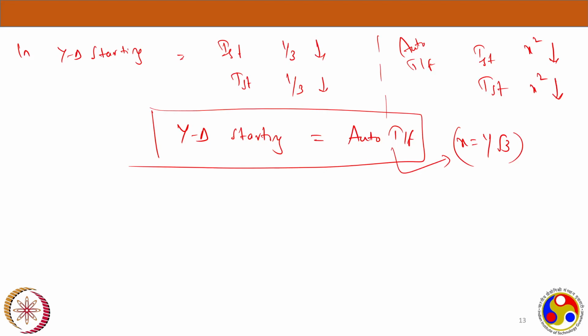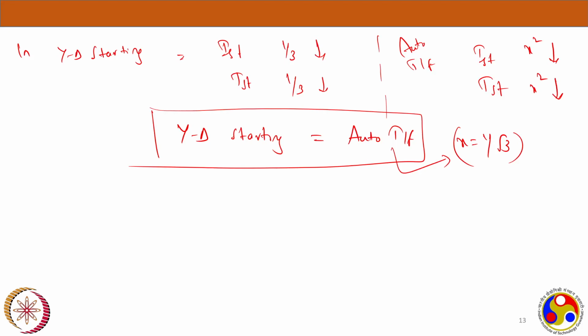You might think that it's a very complex thing, but it's simple. Let's say this is the delta connected winding. You have this three phase winding A1, B1, C1.